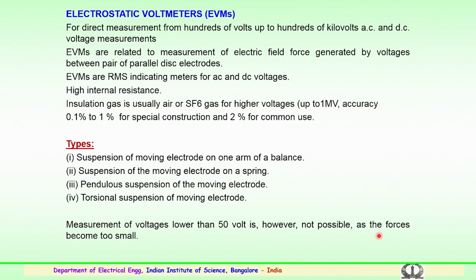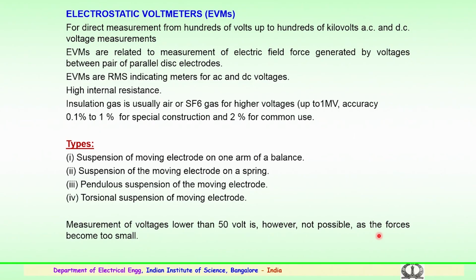The next measurement device for high voltages AC and DC is electrostatic voltmeters. These electrostatic voltmeters are used for direct measurements ranging from hundreds of volts up to hundreds of kilovolts for AC and DC applications.